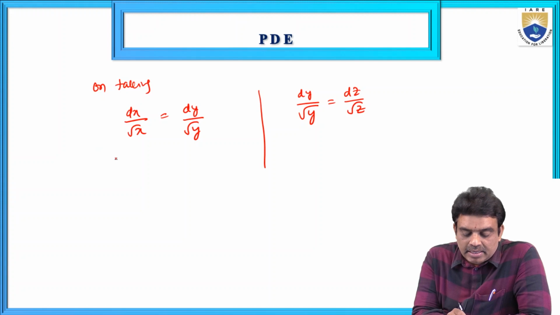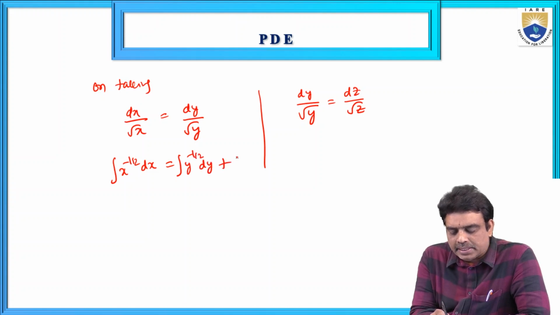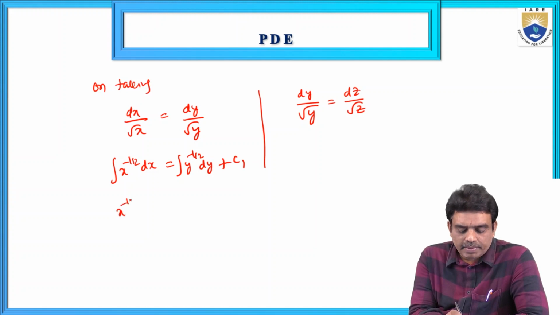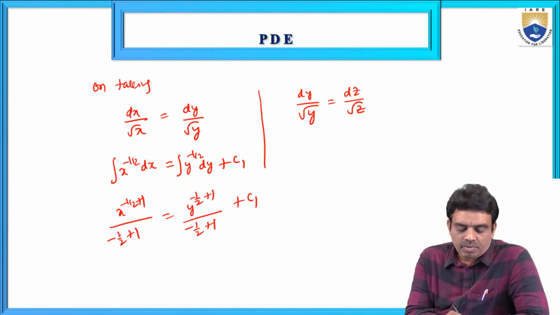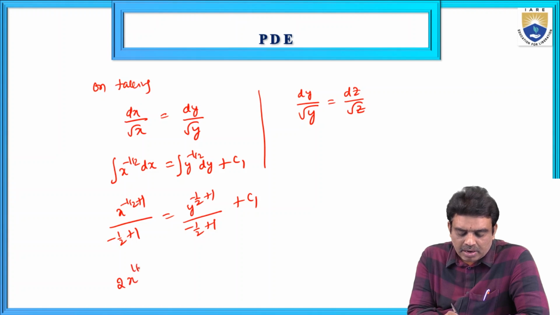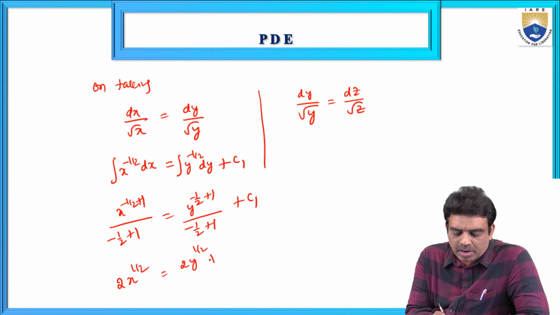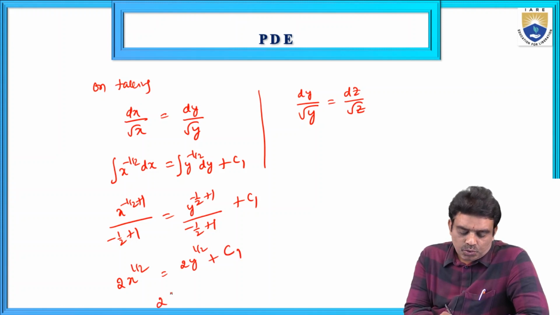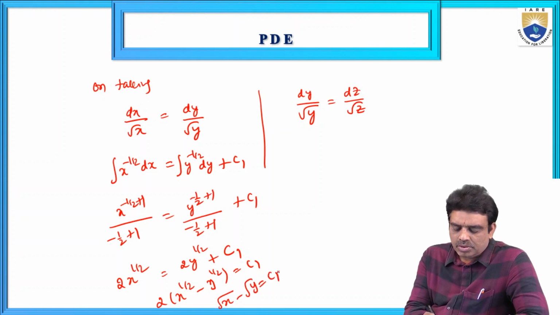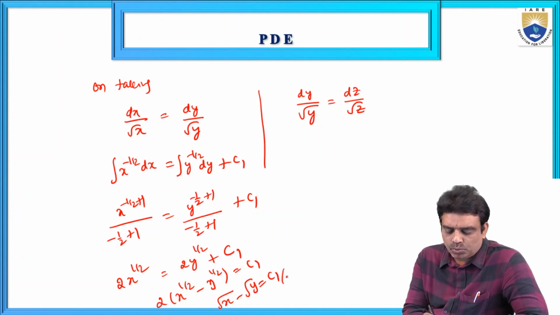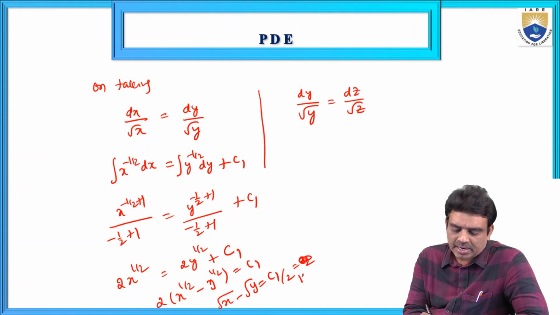Clearly, the x variables are on the dx side. Integrating, integral x power minus half dx is equal to integral y power minus half dy plus c1, or x power minus 1 by 2 plus 1 by minus 1 by 2 plus 1, y power minus 1 by 2 plus 1 by minus 1 by 2 plus 1 plus c1, or 1 minus half, that is half, or 2 into x power half is equal to 2 into y power half plus c1. Taking 2 outside, x power half minus y power half is equal to c1 by 2, that is another constant, some k1.